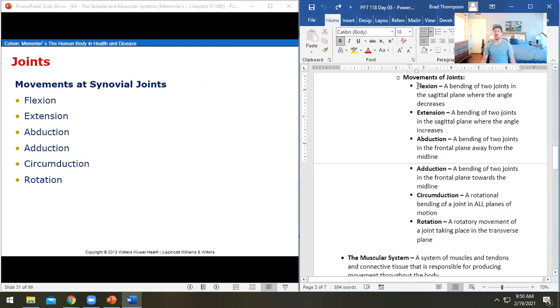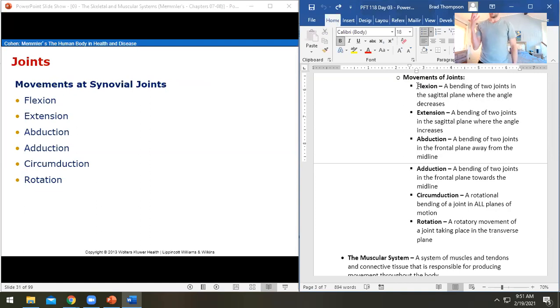So flexion is going to be a decrease in the angle between two joints, and it has to happen in the sagittal plane. So a perfect example of that is looking at my elbow, right? So if we look like this and I bring my elbow from here to here, that is elbow flexion. And the reason why is because right now this joint, if you were to use a protractor and measure the angle, is 180 degrees.